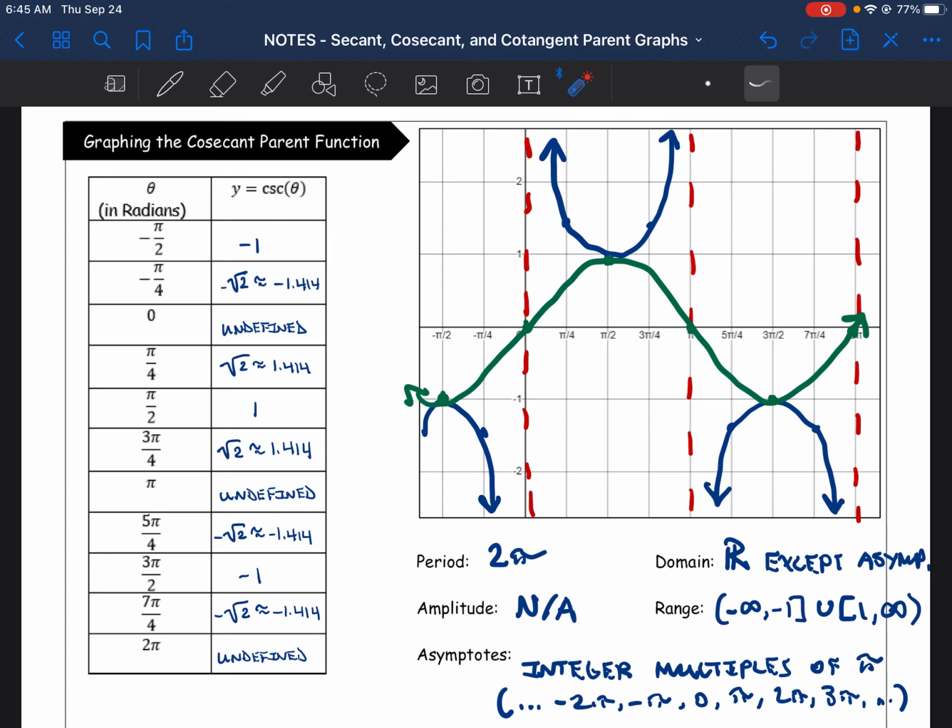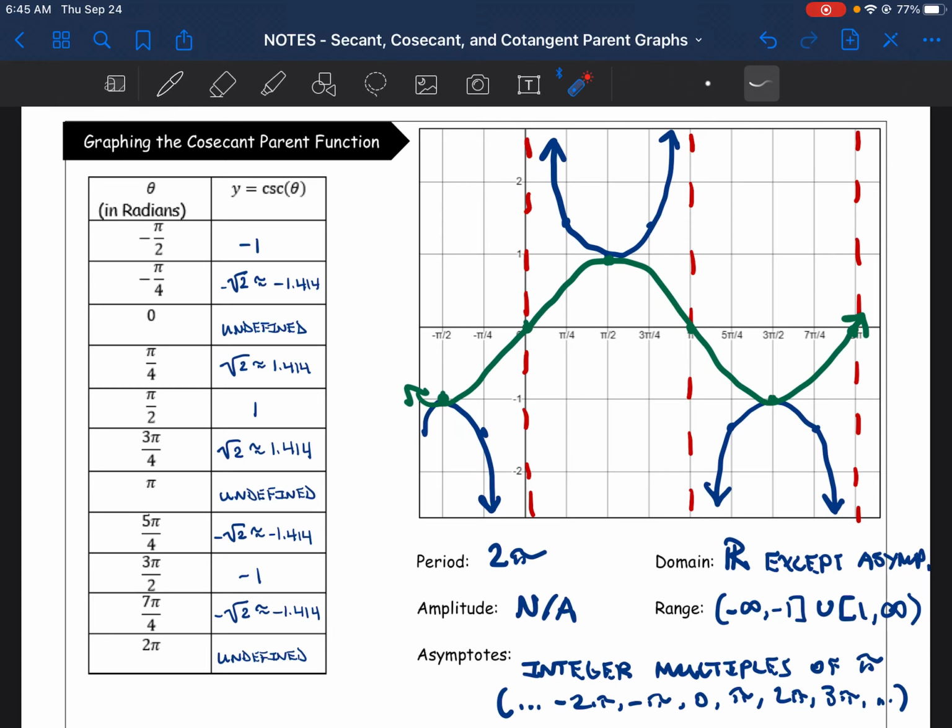So very similar to secant and cosine, notice that the maximum values for sine are resulting in minimum values for the positive sections of cosecant, and minimum values for sine are resulting in maximum values for the negative sections of cosecant.